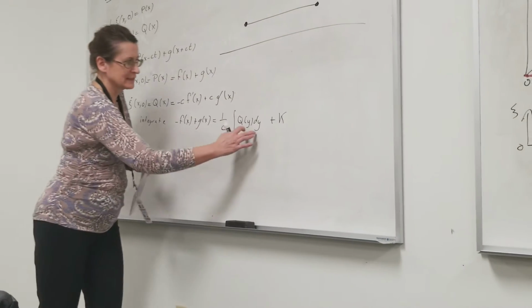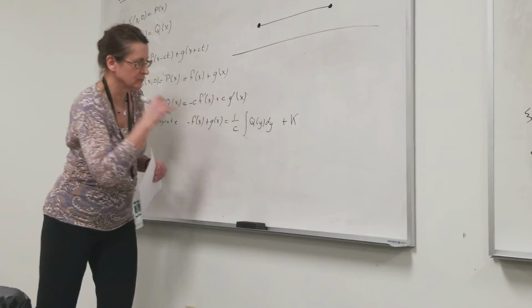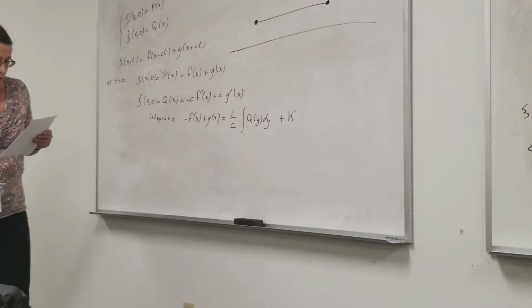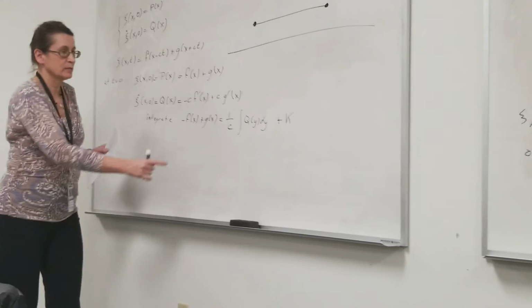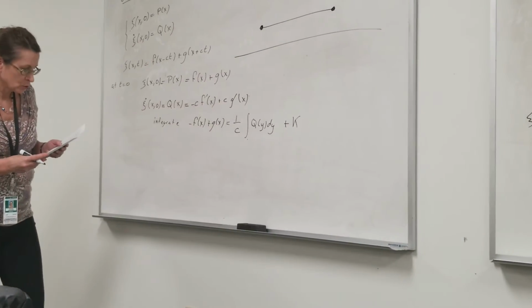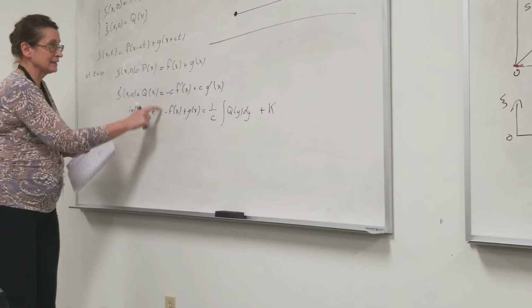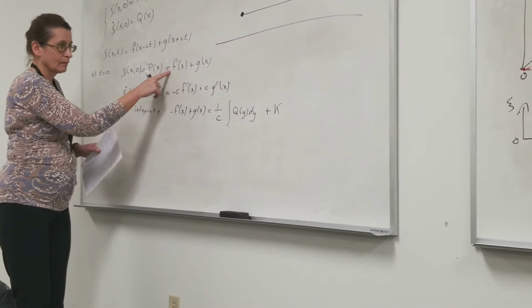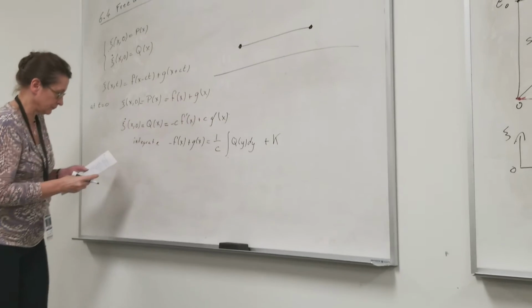I don't want to mix this y with the x. So y is our variable of integration over the length of x. So we are going to add and subtract these two to solve for f and g.